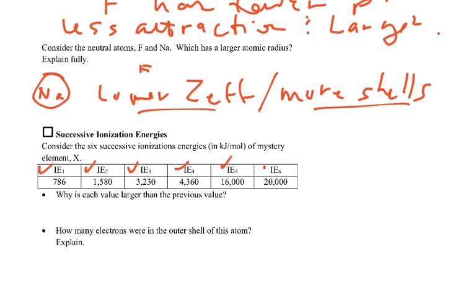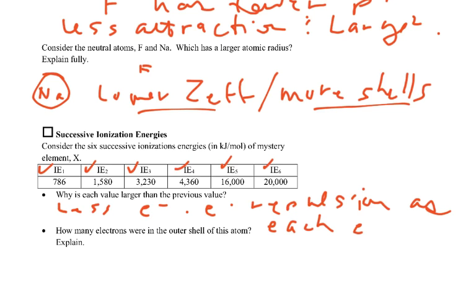Every time we lose one electron, the atom shrinks, because there is less electron-electron repulsion as each electron is removed, and therefore it's going to get smaller and smaller and smaller. I just don't have my finger good enough to write all that in. So each one is going to get more difficult to pull off because the electron is going to be closer and closer to the nucleus.